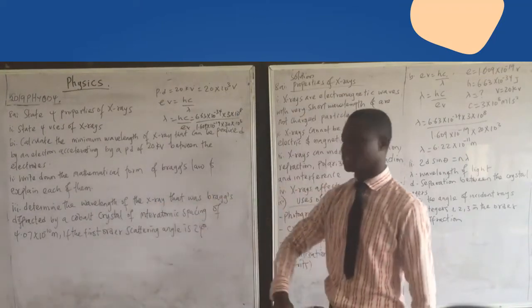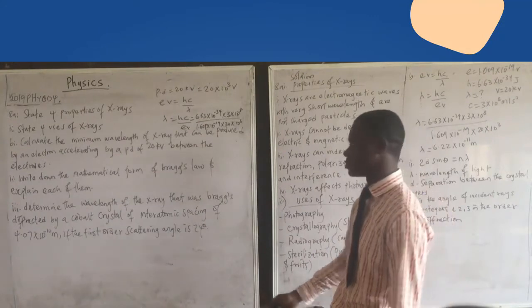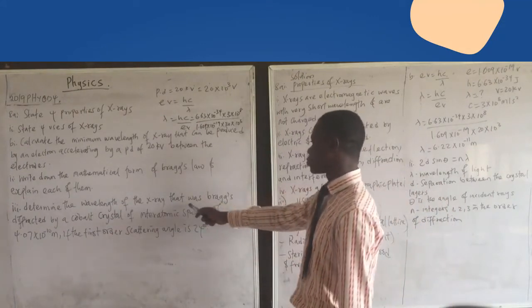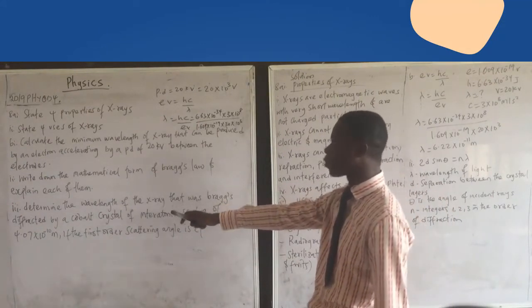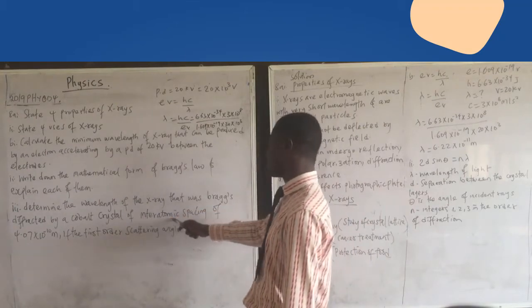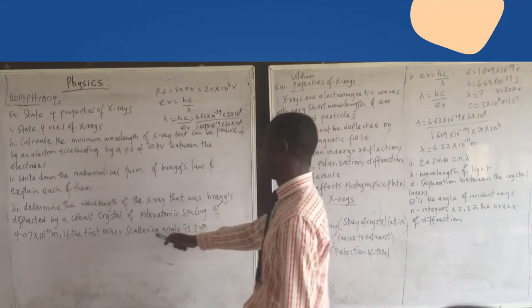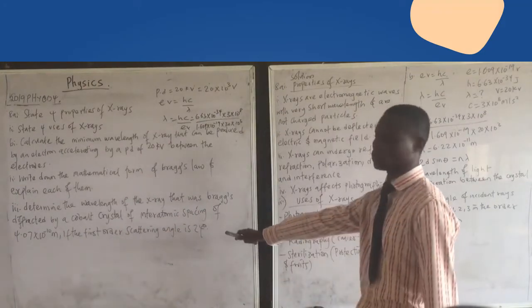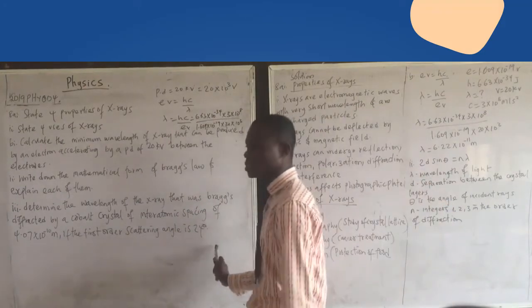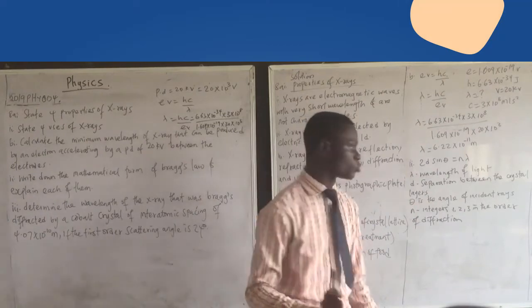The last question here, pay attention, we are wrapping up very soon. Determine the wavelength of the X-ray that was Bragg diffracted by cobalt crystals of interatomic spacing of 4.07 times 10 to the minus 10 meters if the first order scattering angle is 24. So they are giving us the first order scattering angle, which is 24.